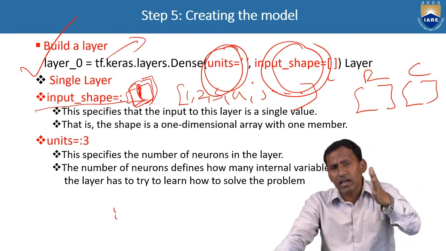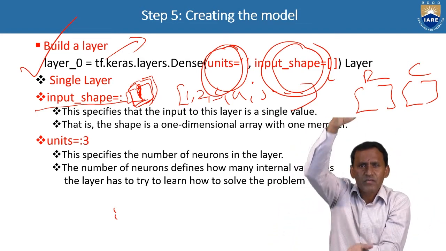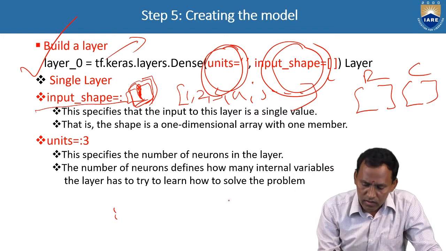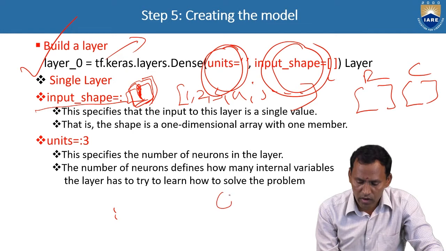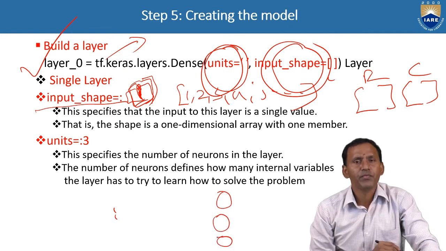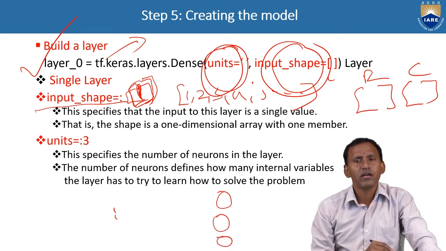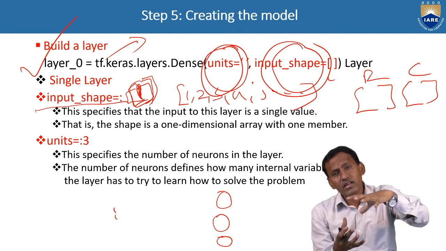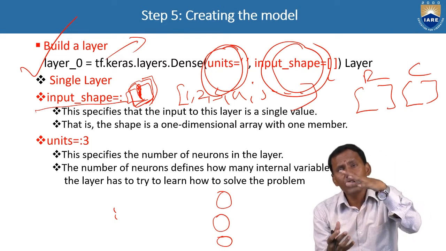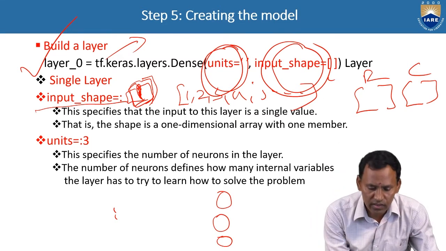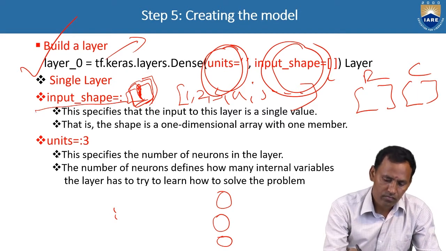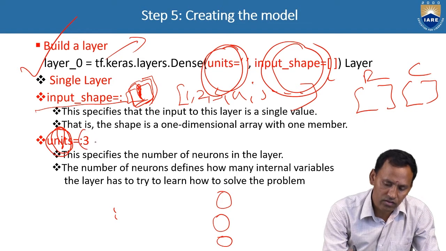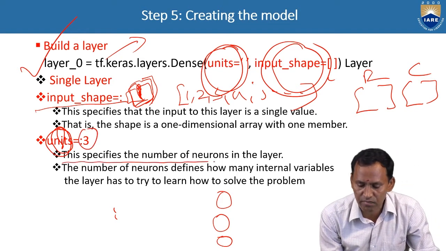Already I told you clearly that a model contains multiple layers: layer 1, layer 2, layer 3, and so on. A layer contains a number of neurons. So this unit parameter, for example 3, specifies the number of neurons in the layer.